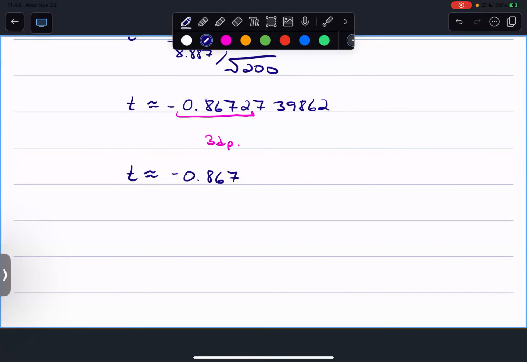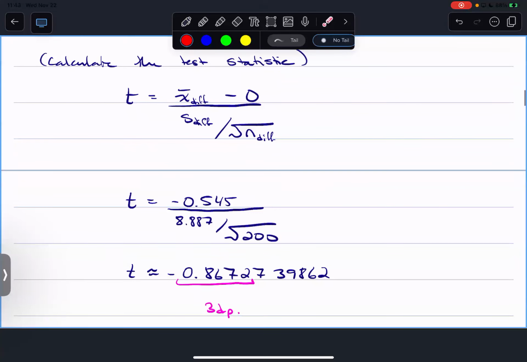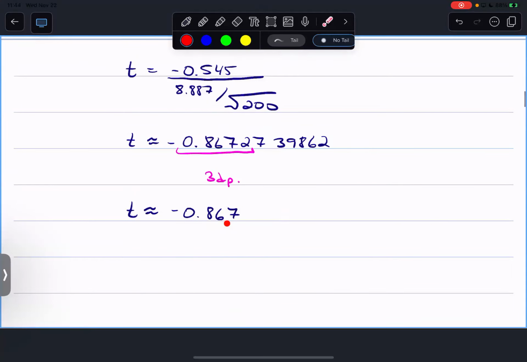What does a t of negative 0.867 tell us? The short of it is the sample mean difference of negative 0.545 is not very far from 0, right? In fact, it's 0.867 standard errors below 0.